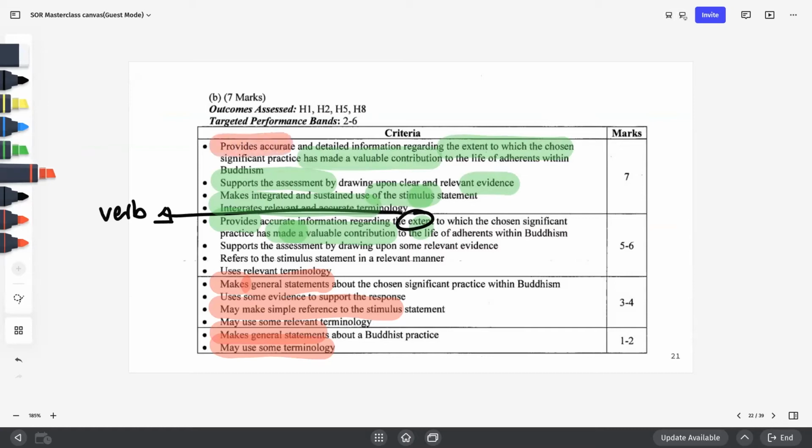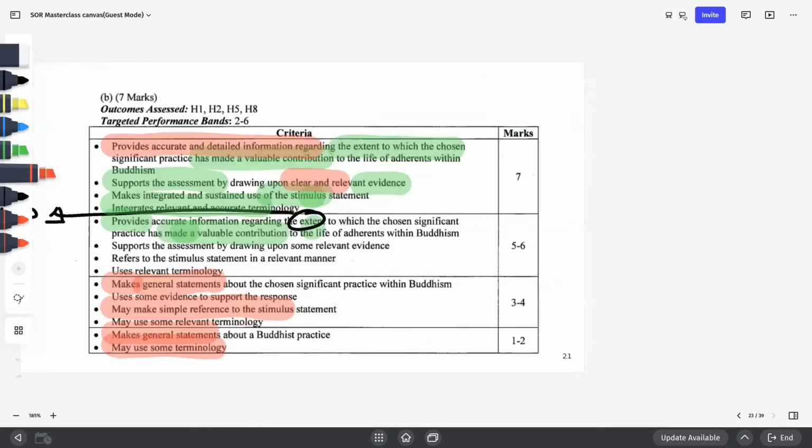This is your content. Some of this evidence is content, but you have to integrate it into your response. I think says Buddhism, I've obviously taken it on. So as you can see, as you go up the mark ranges, you are more reliant on skill at the top end of the mark ranges rather than you are down the bottom.